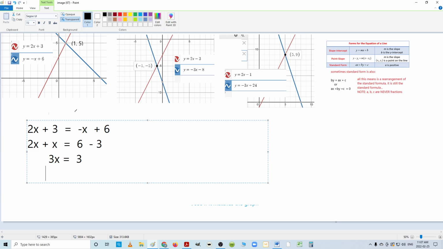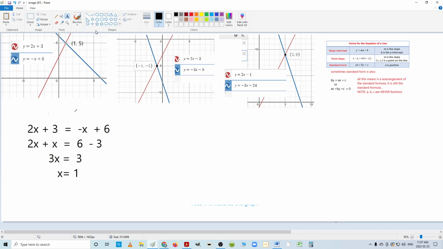This allows your teacher to clearly see the steps you took and give you full marks. Notice even this last one's slightly out of whack, and it's still not quite balanced, but notice how these equal signs are right above each other. This allows your teacher to see exactly what you've done.